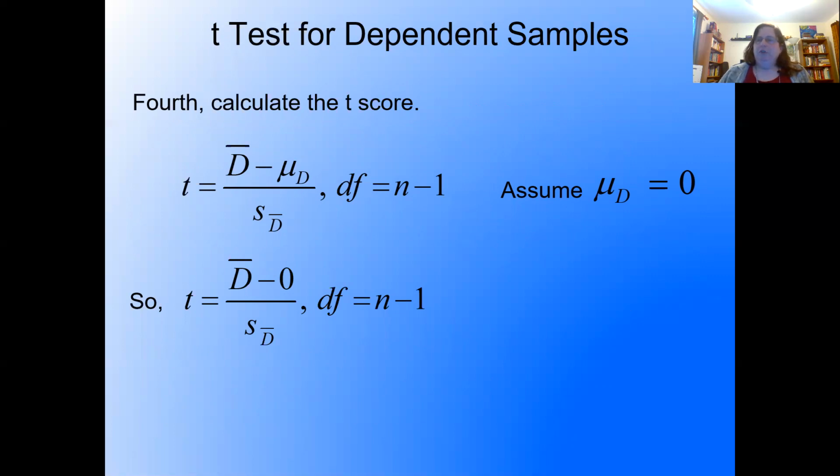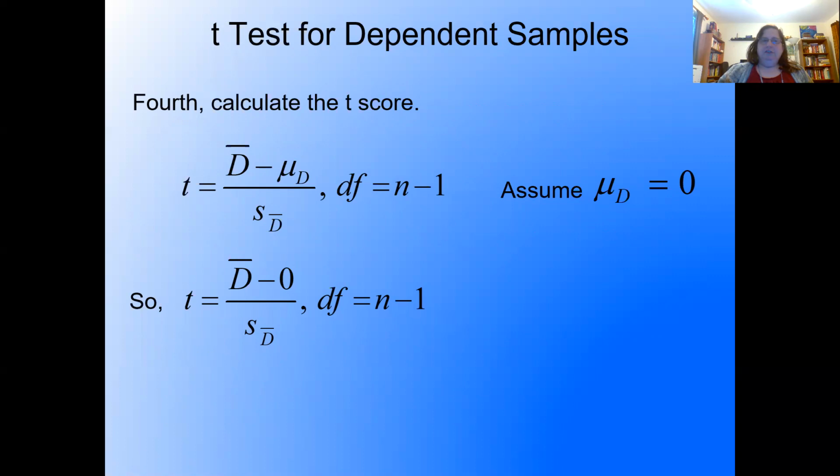That was one of our assumptions right at the beginning, which means the top part is always going to be difference mean minus 0, or difference mean. The bottom part will always be our standard error of the difference means. And DF will always be n minus 1. Okay.